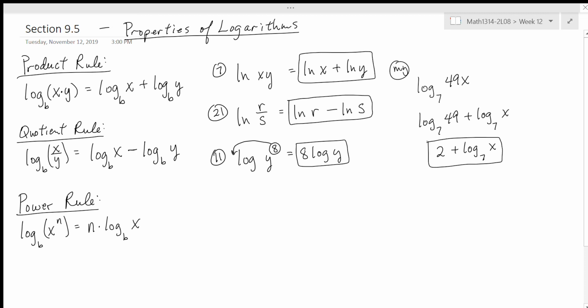And does everybody see sometimes you can actually take it a step further and simplify? Everybody see how that works? Or do I need to show work? Yes or no? That's good enough? I'm not getting much feedback. Oh, show work. Okay.